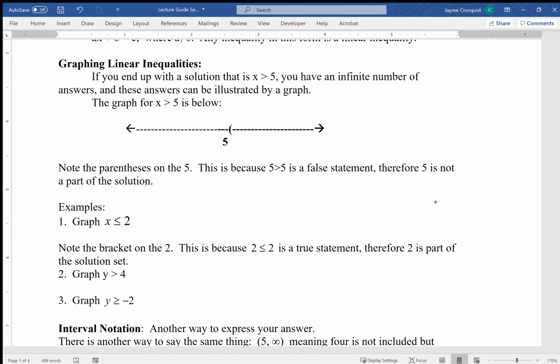And this is indicating greater than 5. Okay, but no equal to. If I was going to say x is less than or equal to -2, I would have -2 down here, and I would use a square bracket. That's what we use if it includes the equal to.